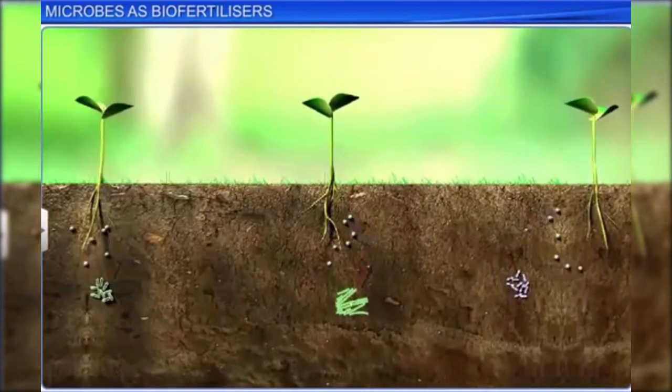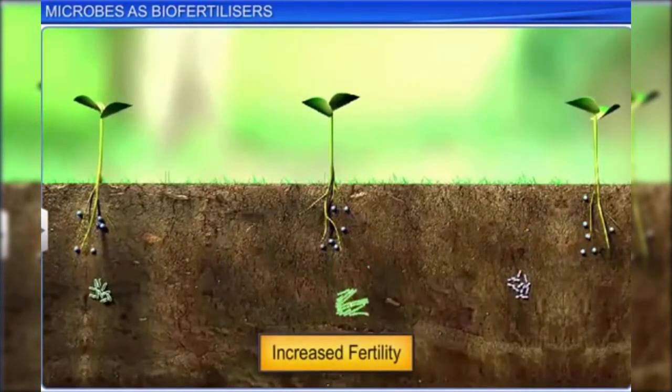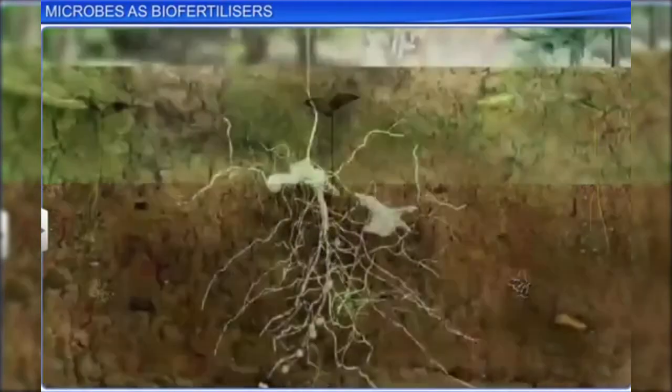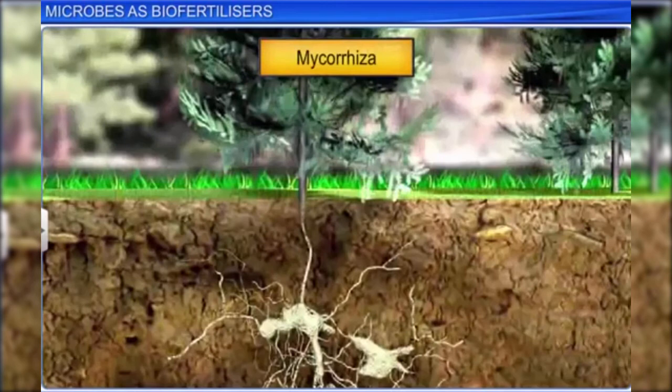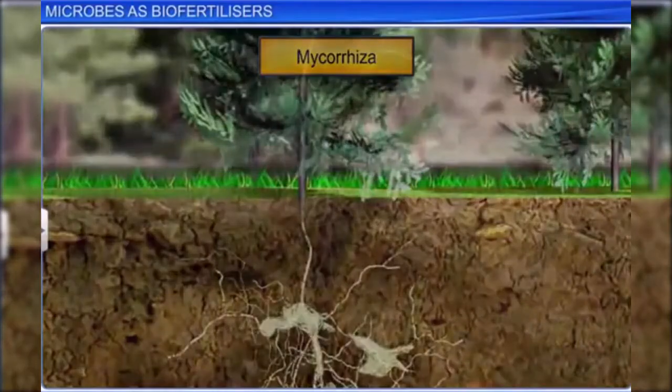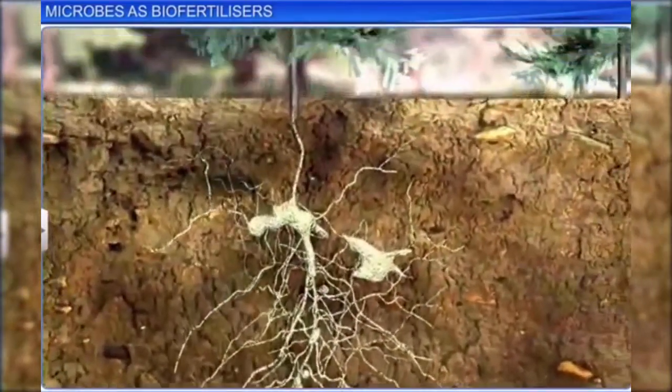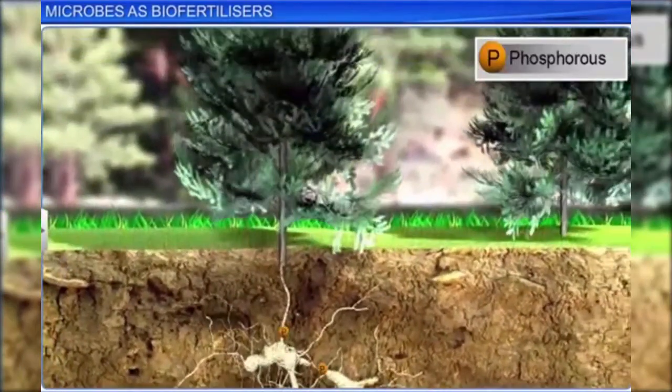Even fungi, specifically those belonging to genus Glomus, form symbiotic associations like mycorrhiza with the roots of vascular plants. Fungi help the plant absorb phosphorus from the soil.